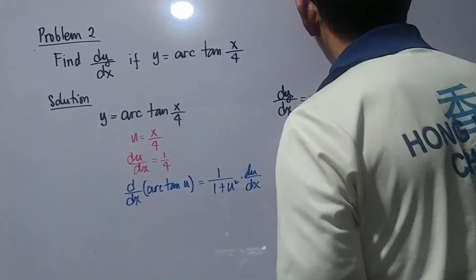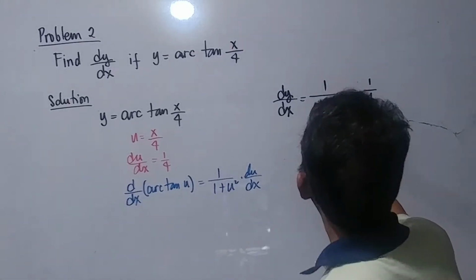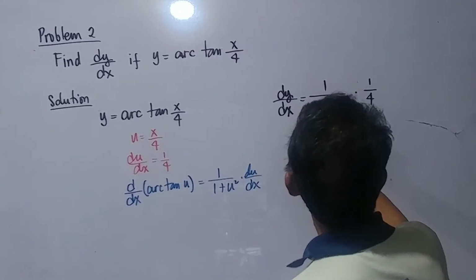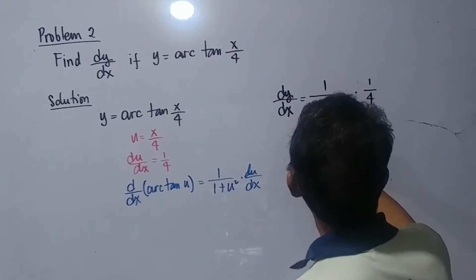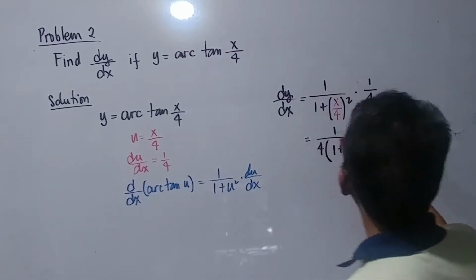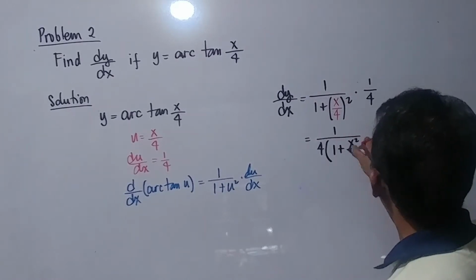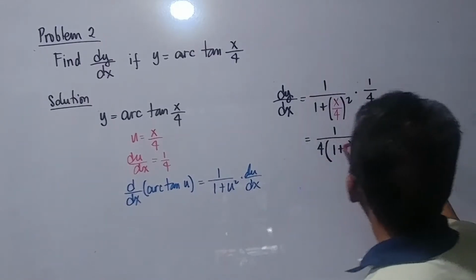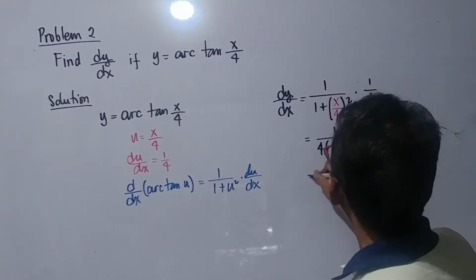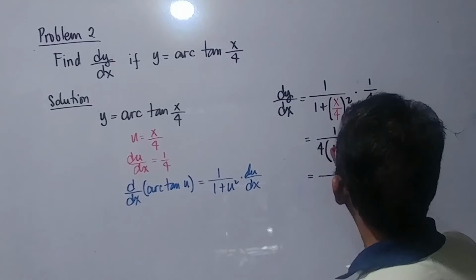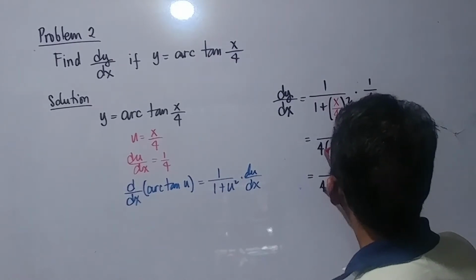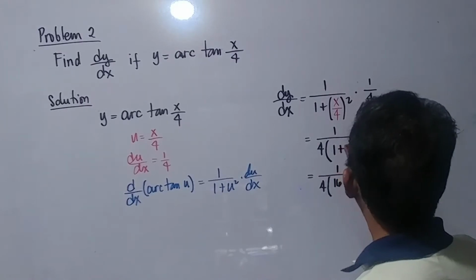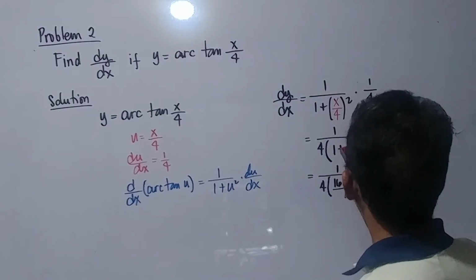So we have now 1 over 4 times 1 plus x squared over 16. Simplify, we have 1 over 4 times 16 plus x squared over 16.